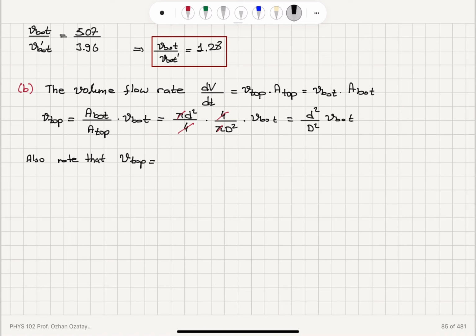Now also note that the rate with which the water level at the top surface is coming down is actually minus dH/dt, the rate of change of the height of the water column. And this is minus because H is decreasing, and we see that delta H throughout this process is negative.